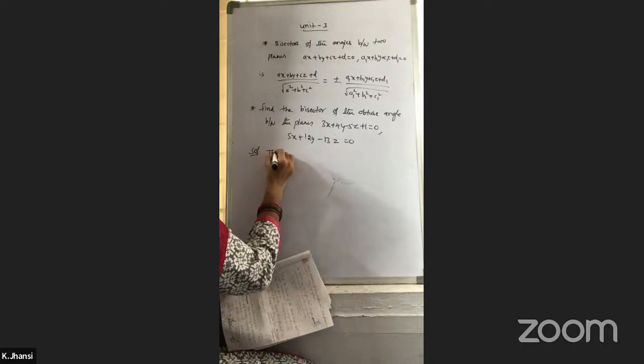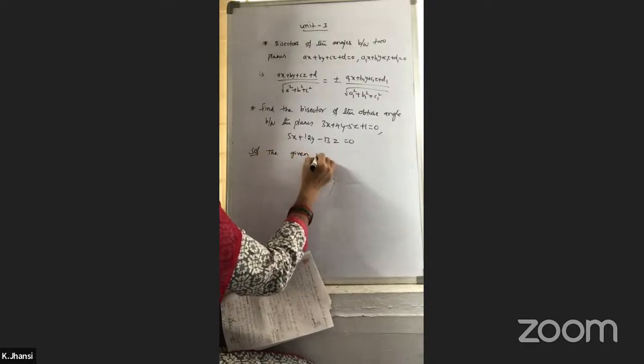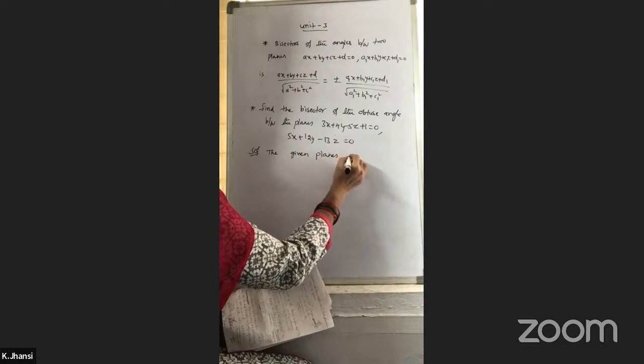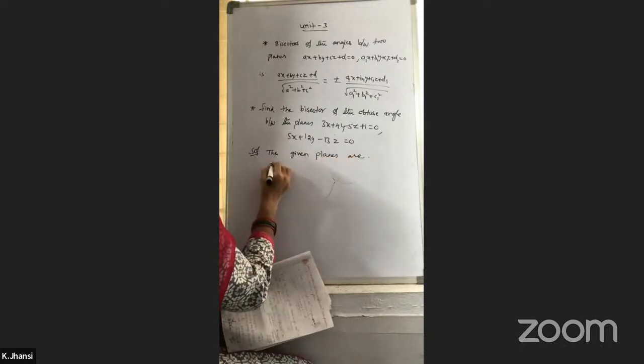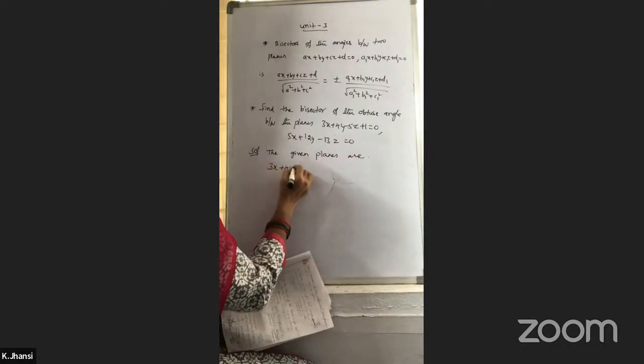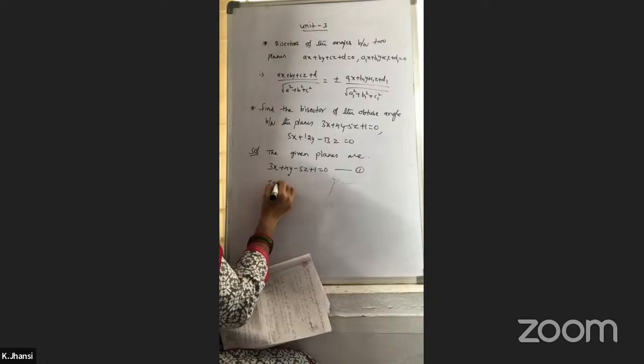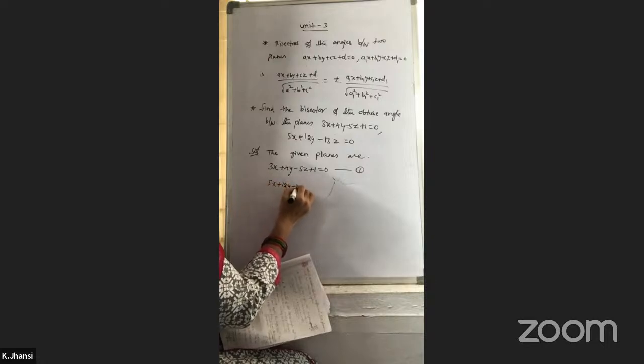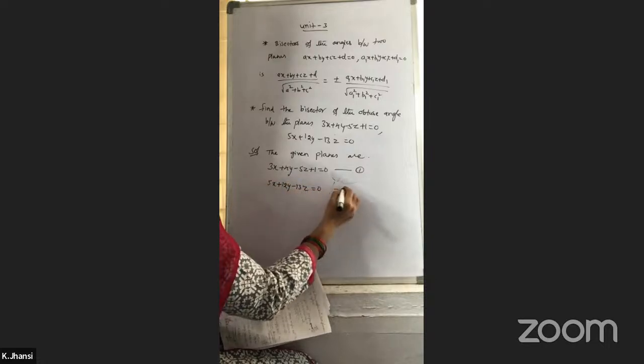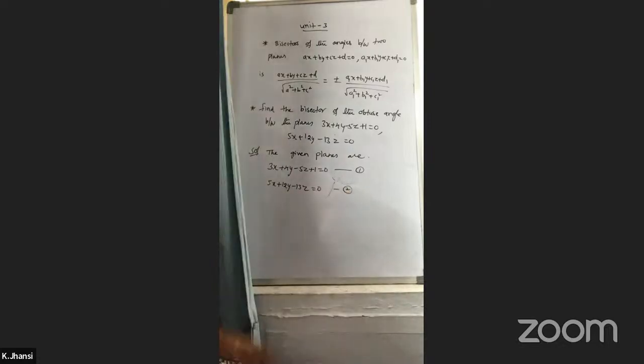So the given planes are 3x plus 4y minus 5z plus 1 equals 0, take it as equation 1. Next, 5x plus 12y minus 13z equals 0, this is the second equation.